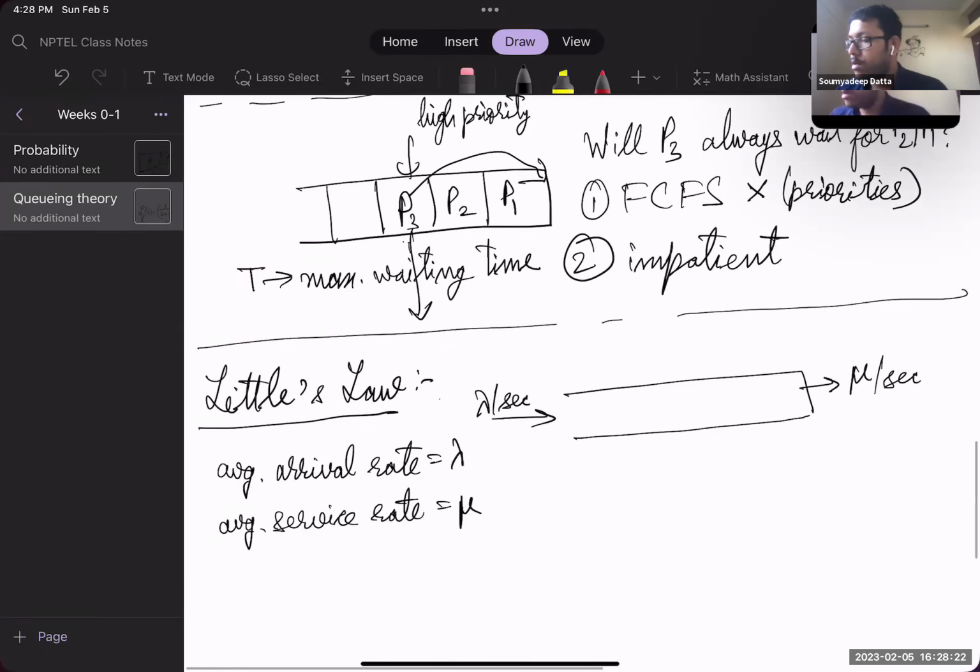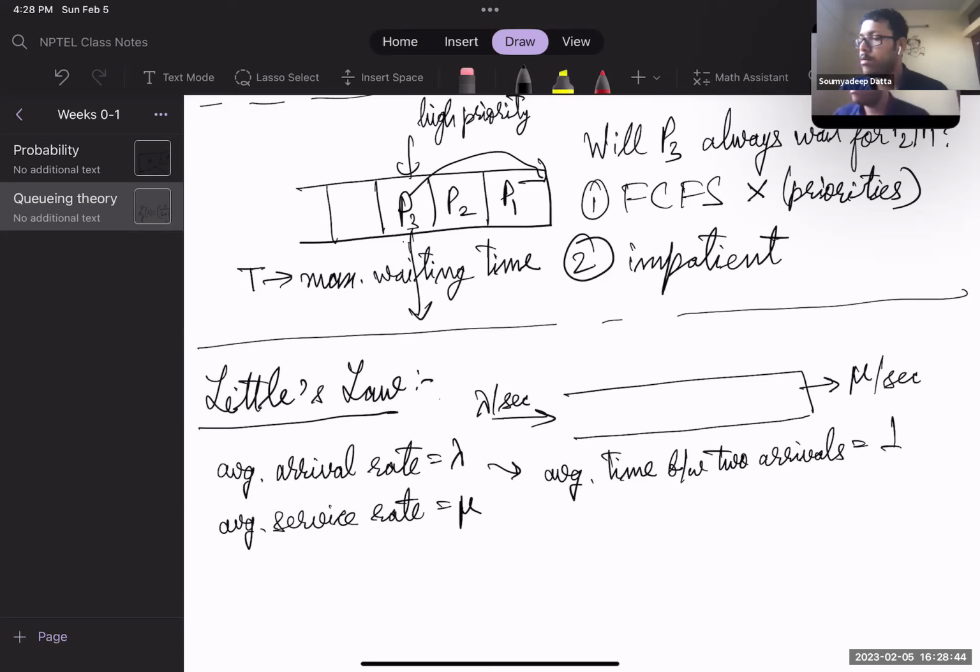One important thing to note here is that if the average arrival rate is lambda, then the average time between two arrivals, or inter-arrival time, will be 1 by lambda.